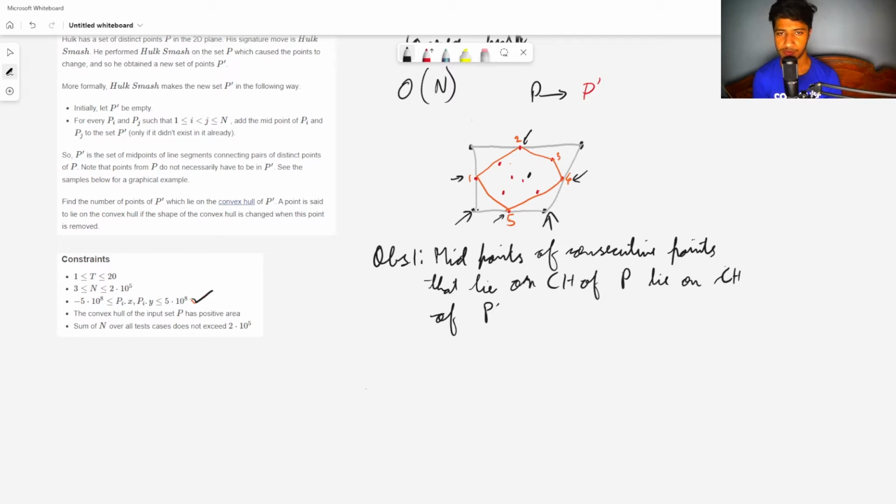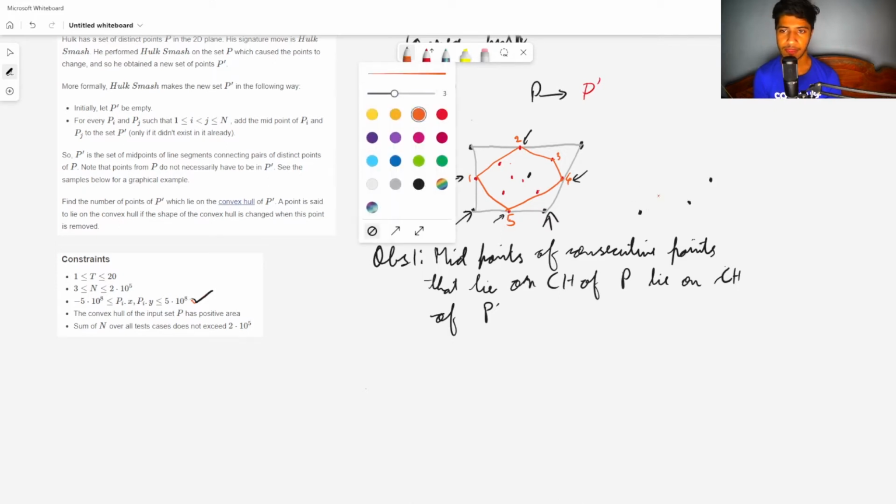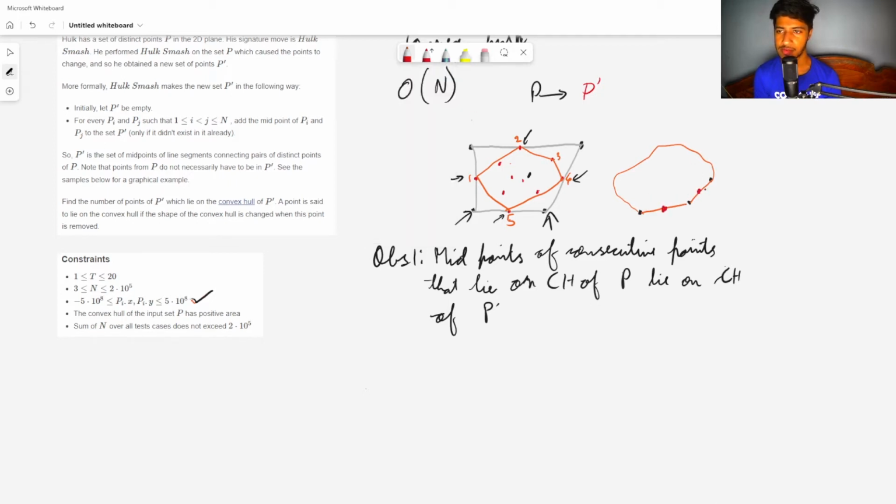So second observation, the midpoints of the non-consecutive convex hull points. So imagine your convex hull is something like this. Your convex hull goes something like this, right? So the consecutive midpoints, this and this, will lie, but what about this point?